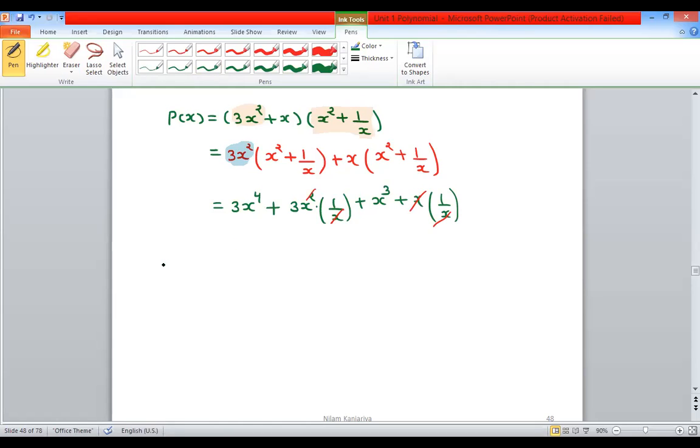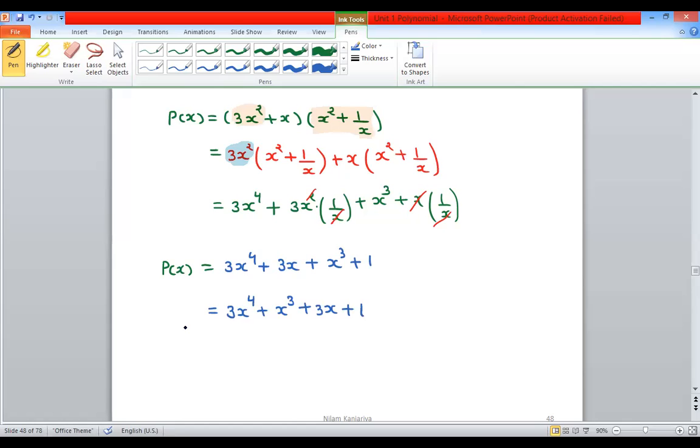The remaining terms: your p of x looks like 3x raised to 4. Here 1 cancels, it is 3x. It is x cube and plus 1. I can arrange in ascending or descending order: 3x to the 4, x cube, 3x plus 1.